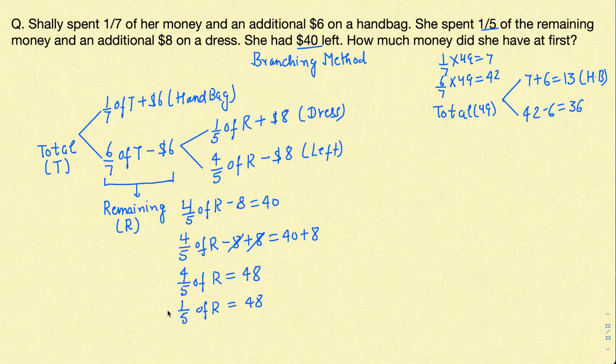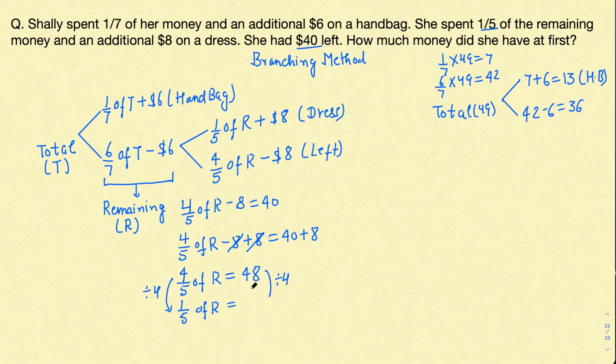Just divide both the sides by 4. If 4 by 5 of remainder is 48, how much will be 1 by 5 of remainder? So 48 divided by 4 will give you 12, and on this side we get rid of the 4. So this will give us 1 by 5 of remainder is equal to 12.